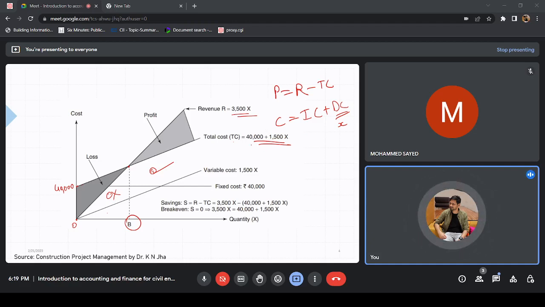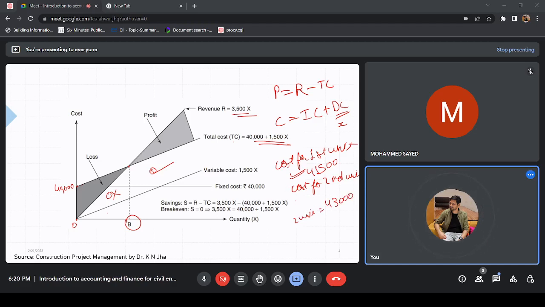So if you have to calculate the cost for the first unit, you will say it's 40,000 plus 1500, with x equal to 1, so 41,500. Cost for the second unit: if for the first unit you have already spent this, the cost for 2 units is 40,000 plus 3,000, that is 43,000, right?